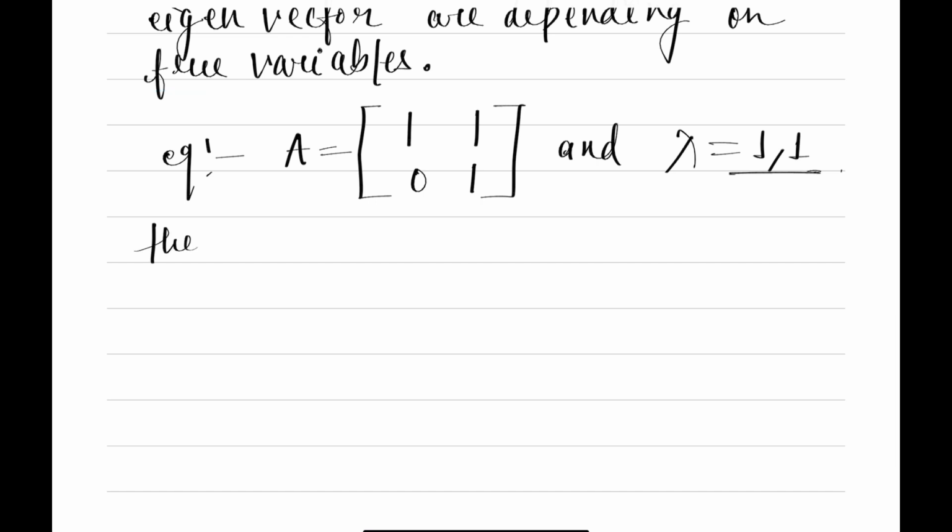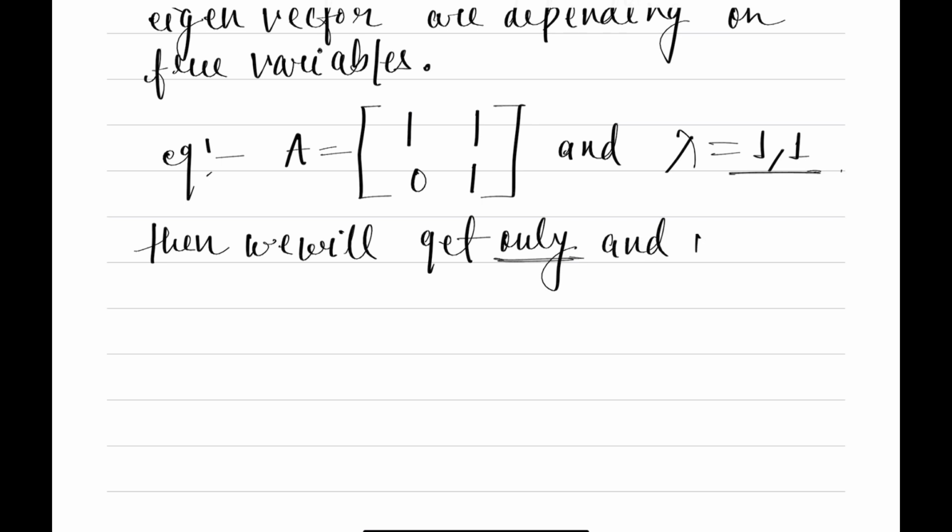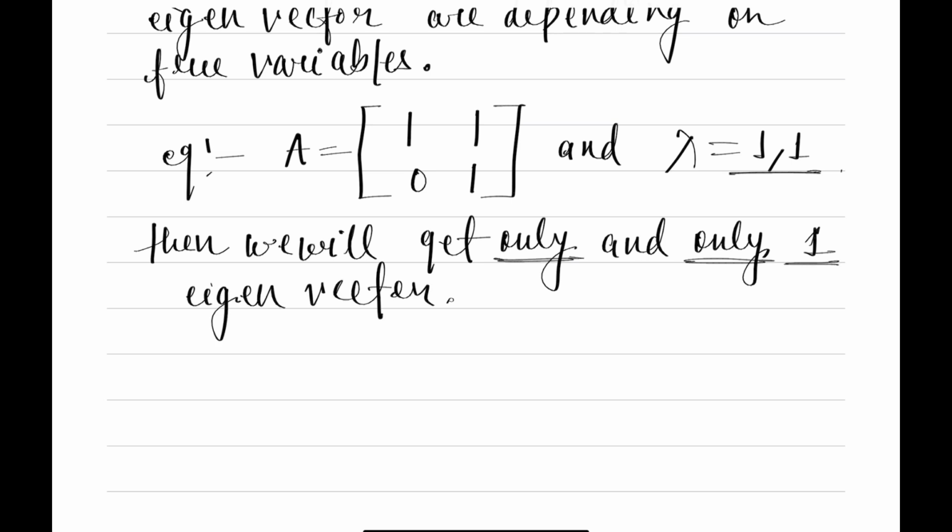Then we will get only and only one eigenvector. So the number of eigenvectors is 1 when a matrix is 2 cross 2 and we have repeated eigenvalues.